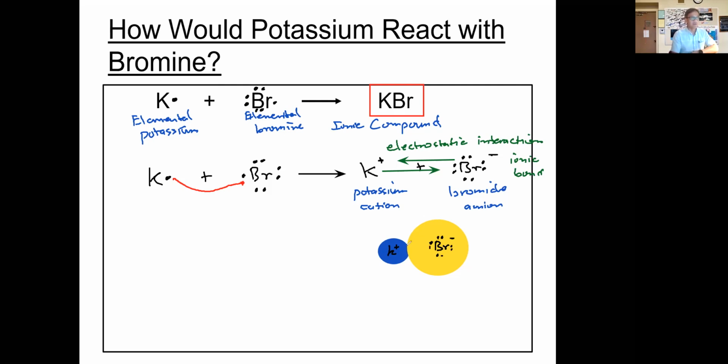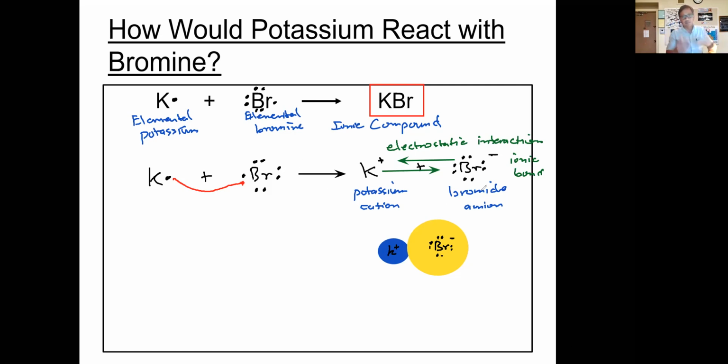Okay, all right. So this interaction here is what we refer to as the compound. When they reach each other and they overlap and they interact in this way, now they form the compound. We started out with a separate potassium cation. We started out with a separate bromine anion. That essentially is not actually the correct way to think about it.